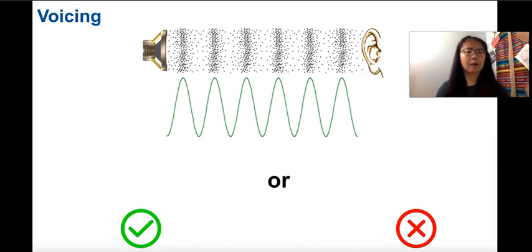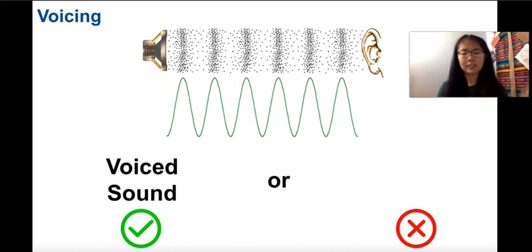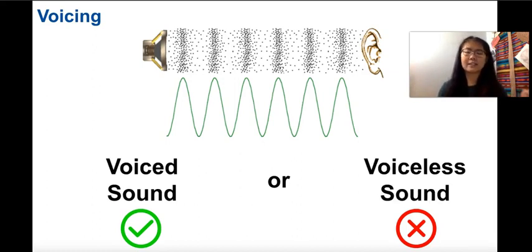Lastly, we'll talk about voicing when describing how sounds are made, when describing articulation. So sounds can be voiced or voiceless. The difference would be like normal talking is voiced. You can hear your throat vibrating. But if you want to talk about voiceless sounds, you can whisper, right?